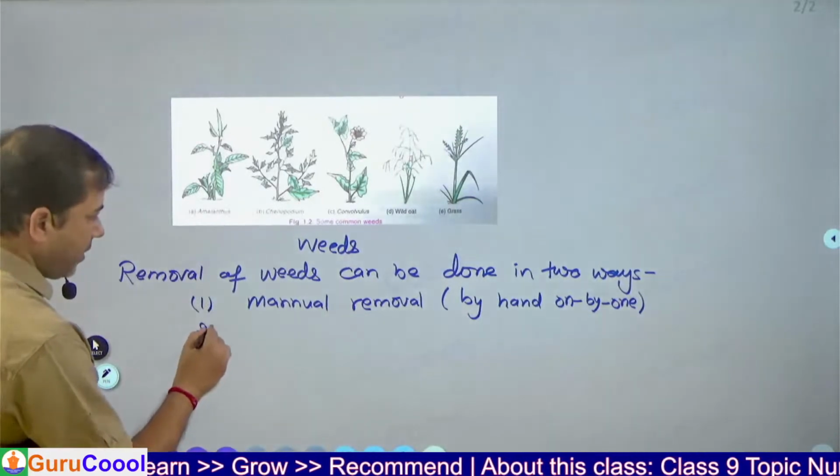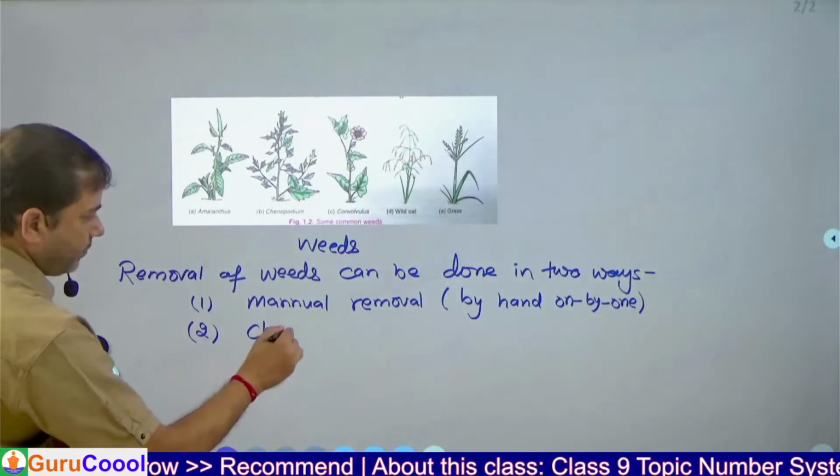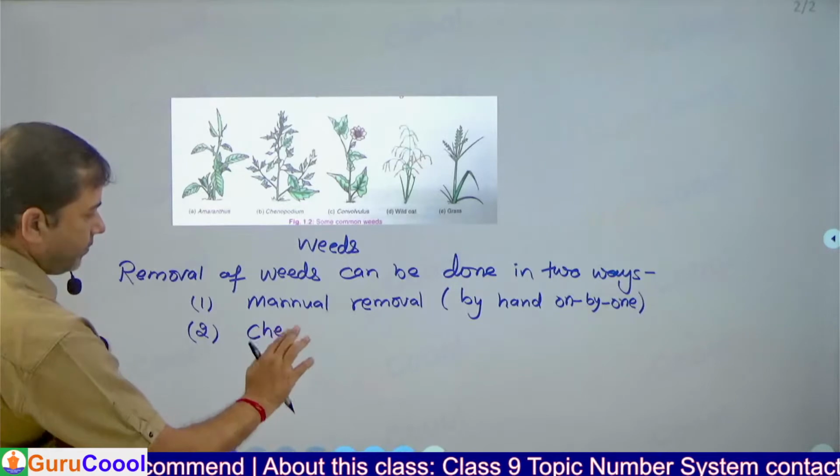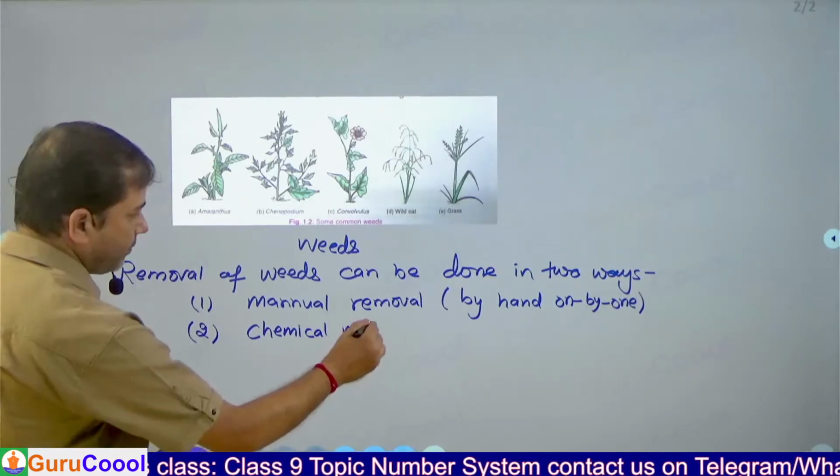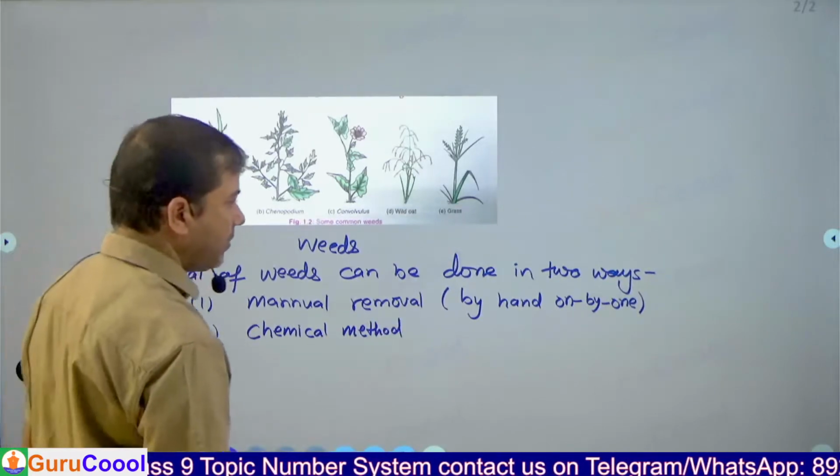And the second is chemical method, by spraying some types of chemicals.